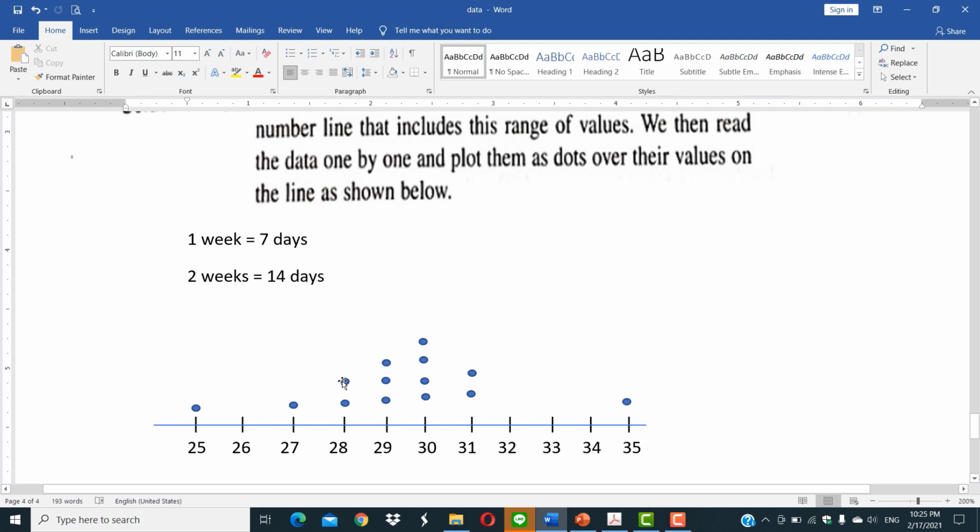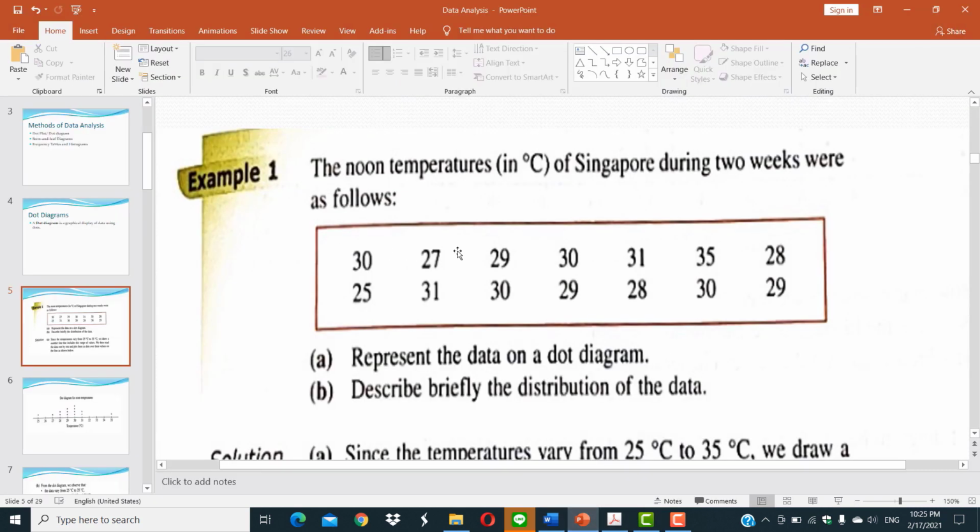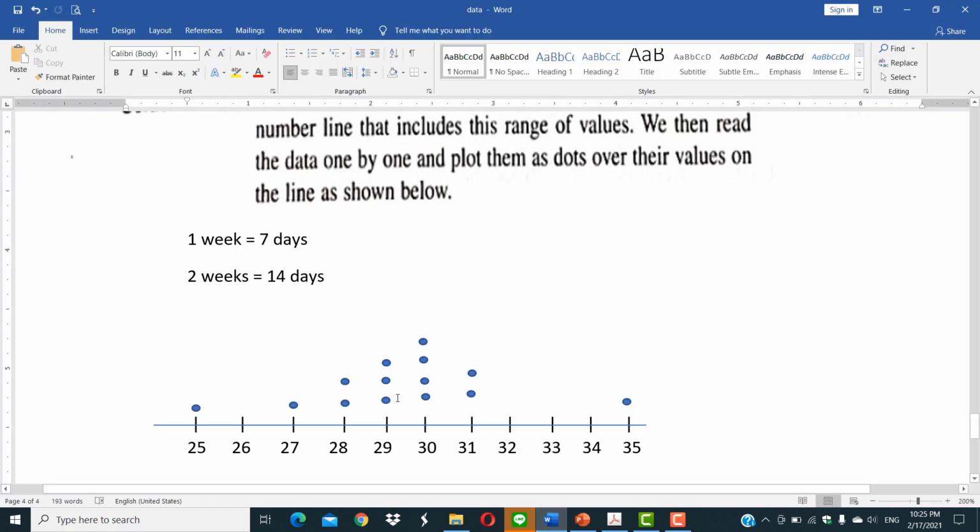Now number 29, 1, 2, 3, three numbers of 29, that's why three dots.